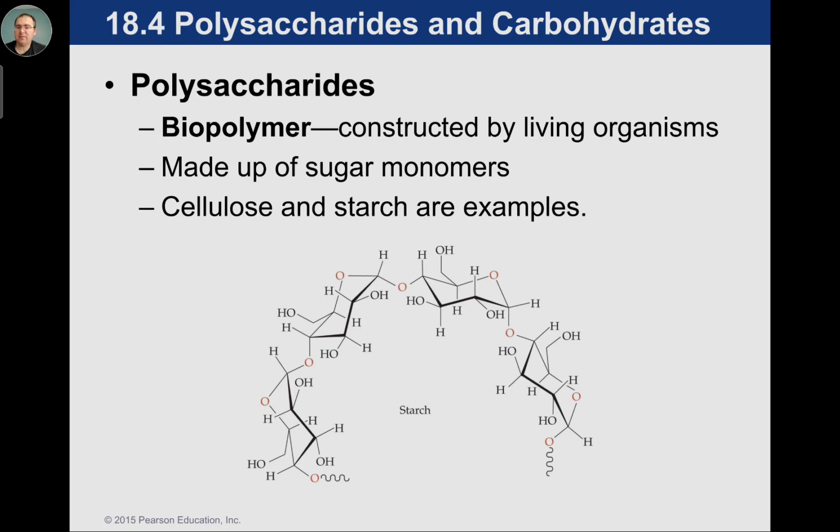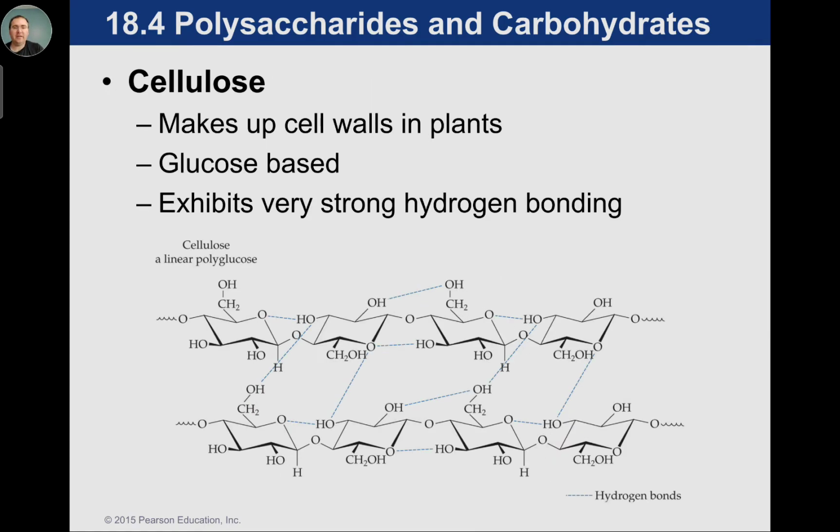That's because these starch and cellulose fibers that make up them have a tremendous amount of glycoside linkages that have to be broken apart. But also they lay together in very strong layers, just like nylon did. But in this case, much stronger because now we're using OHs instead of NHs. So in order to digest a plant cell wall kind of structure, we're going to have to break the hydrogen bonding.